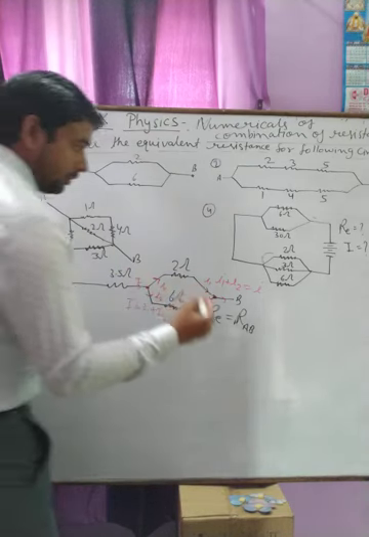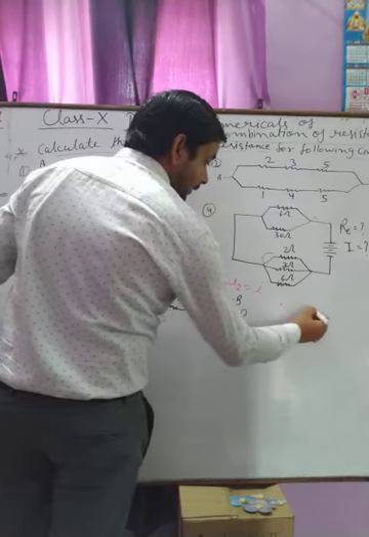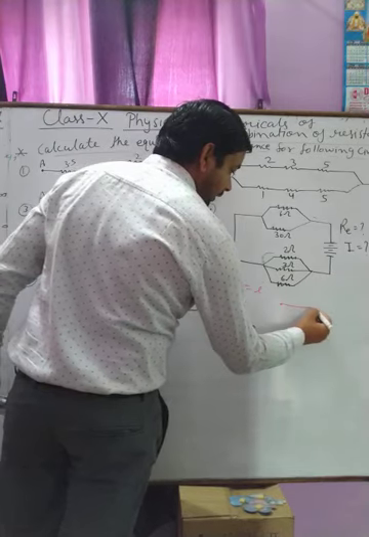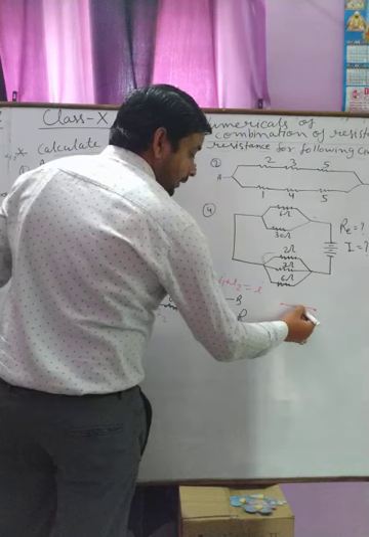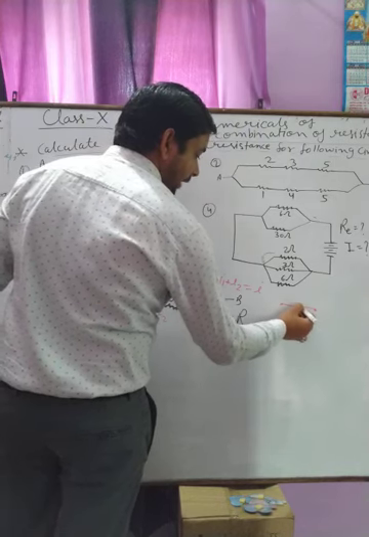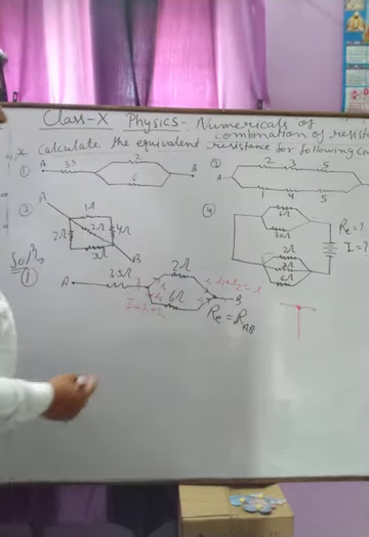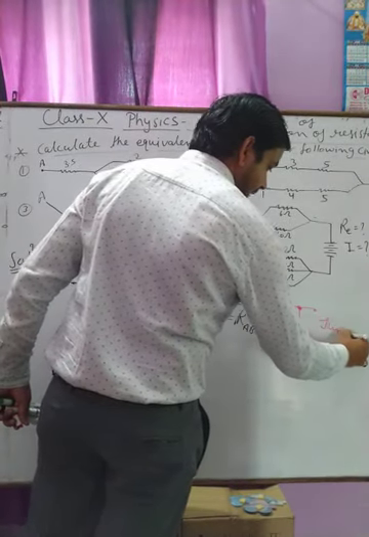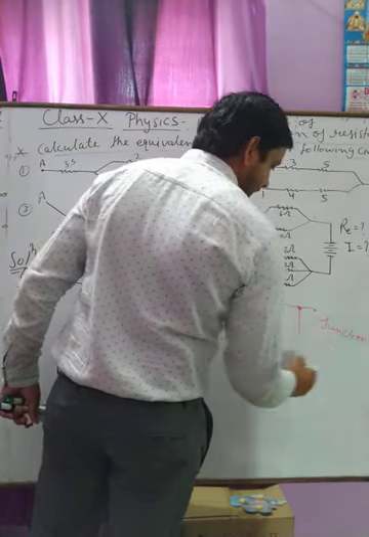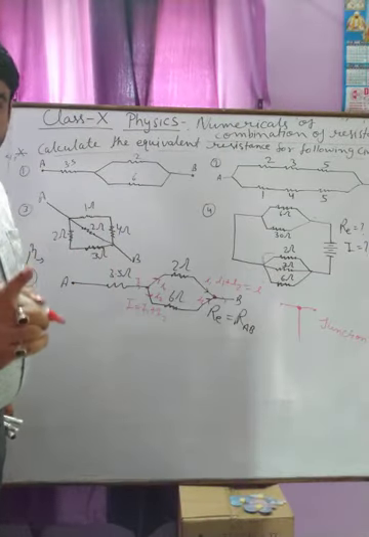I explained this to you earlier also. If we have a segment of wire, and if you observe this T point, this is called a junction point. At the junction the current will divide.